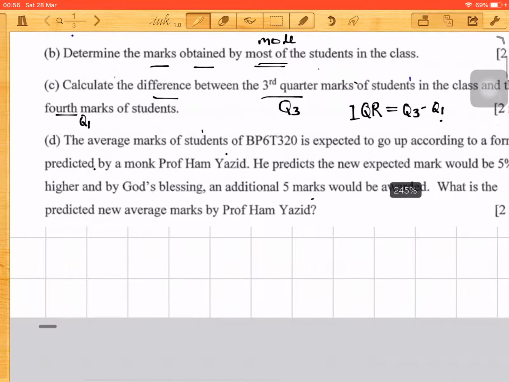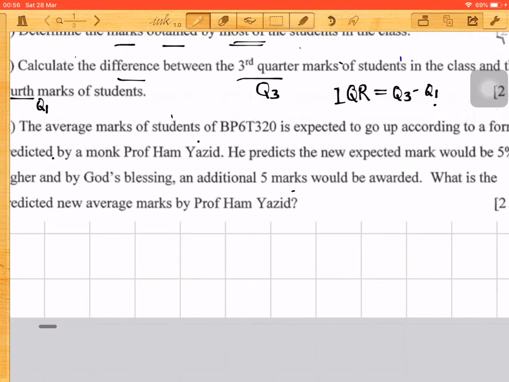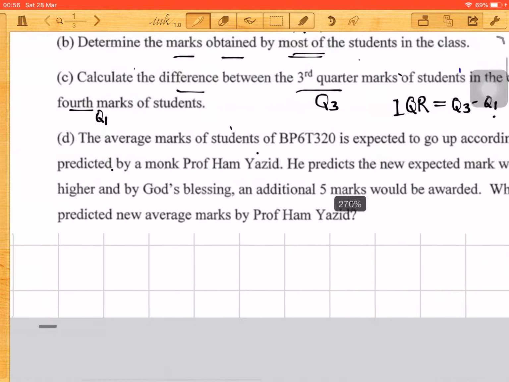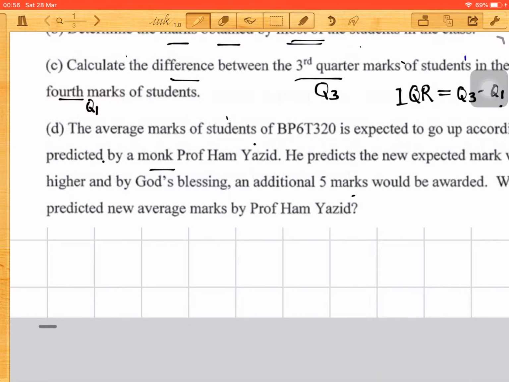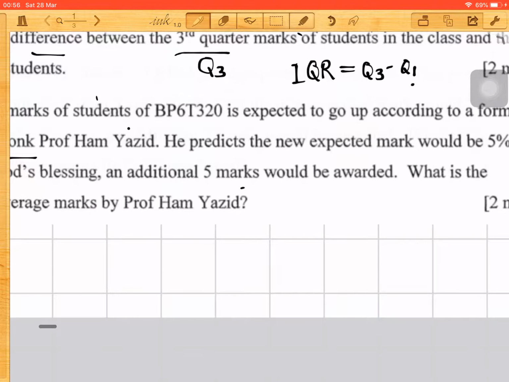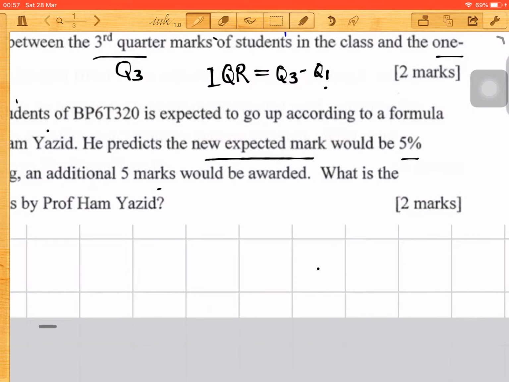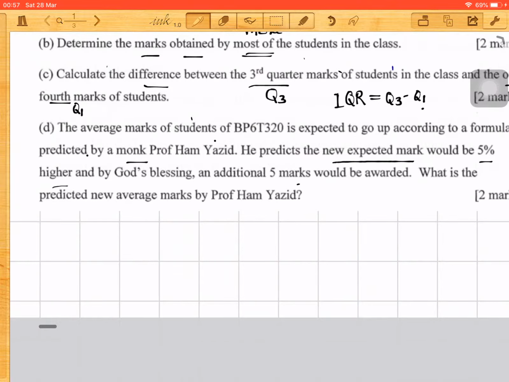Okay, the last one might be a bit tricky. It's saying the average marks is expected to go up according to a formula predicted by a mentor. This is just to confuse you. It says predict that the new expected mark will be 5% higher and an additional 5 marks will be awarded.